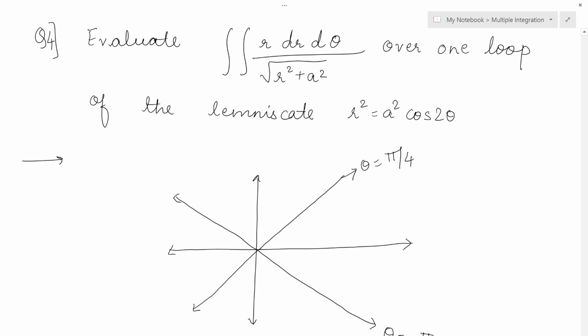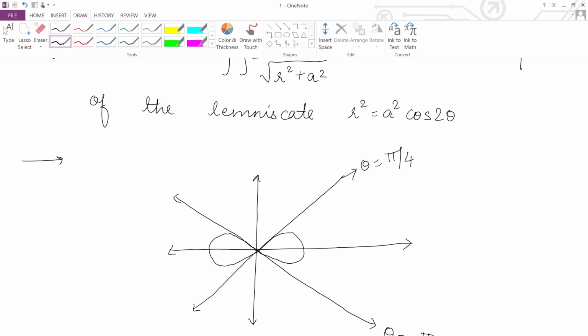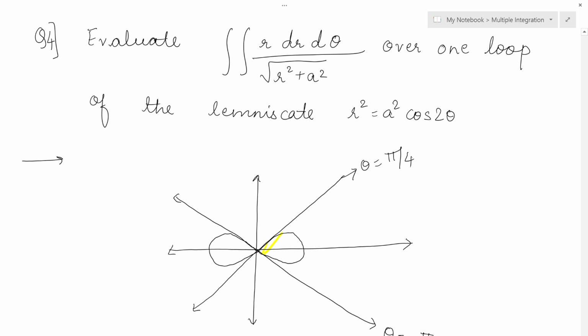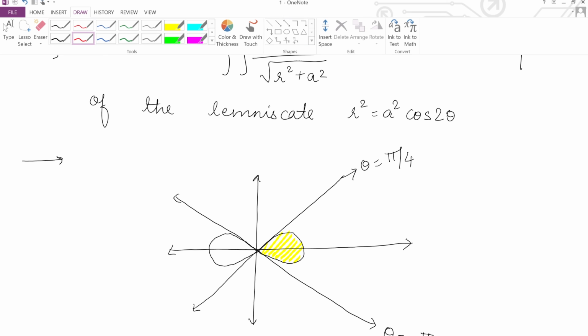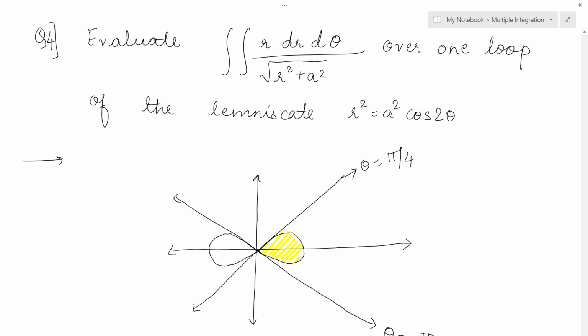A lemniscate here is usually a loop which is symmetric on both the axes. Now they have given that you have to just consider one loop. As we saw in the earlier part, now you don't have to multiply by 2, since only one loop is considered. The radial strip that I take can be like this.